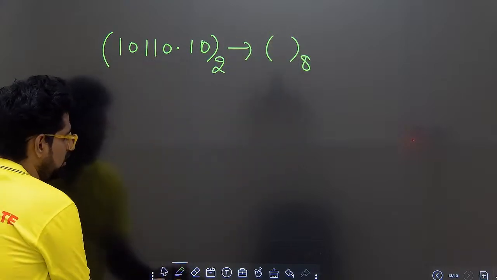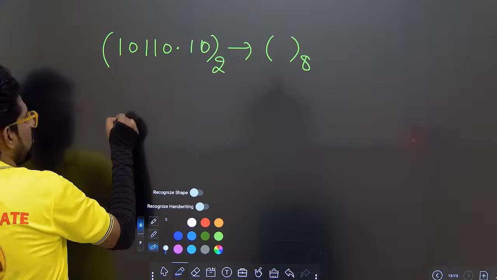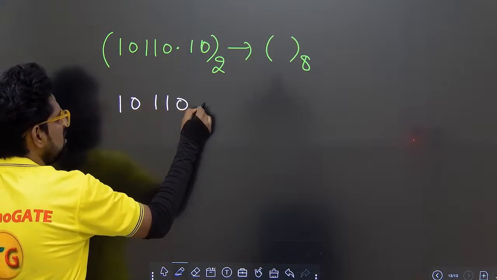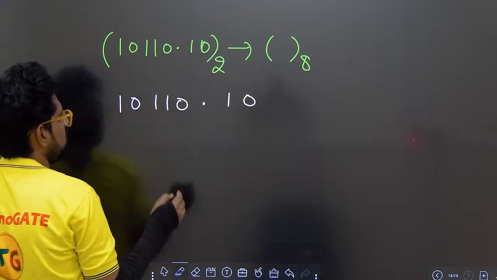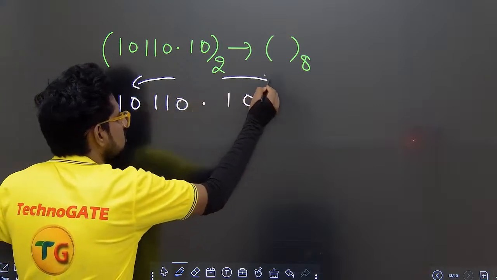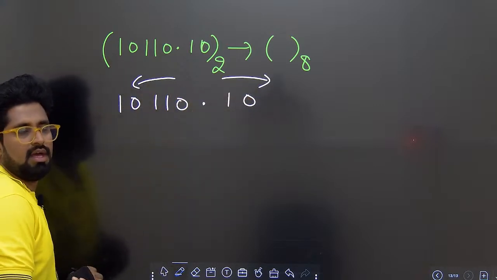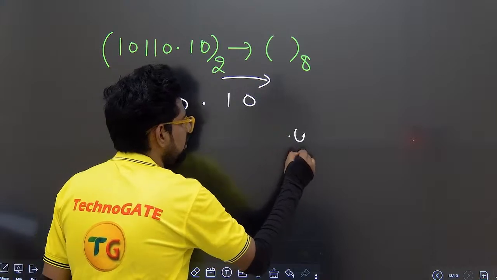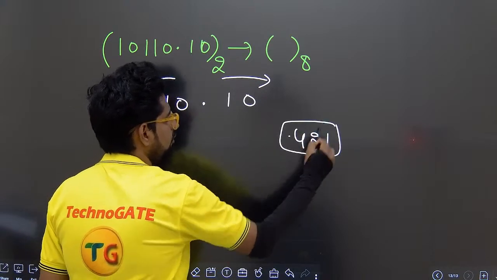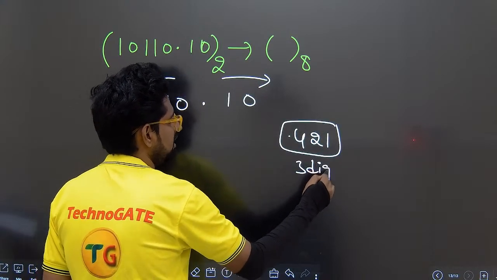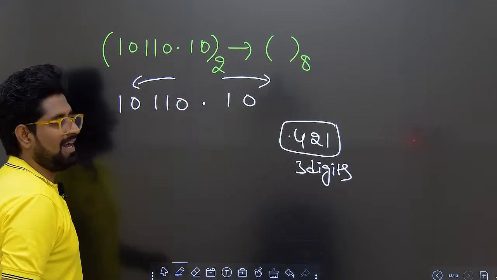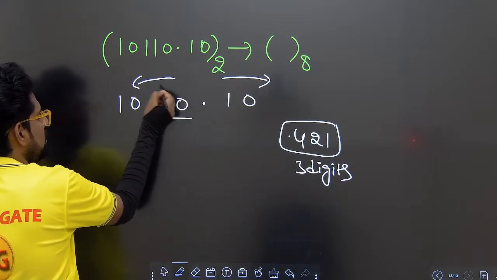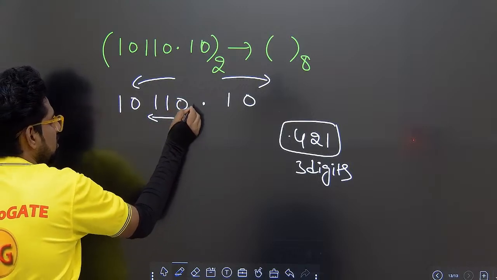I clearly told you that for the given problem 10110.10, this side and this side we have to move. Okay, so how many digits, which code we have to apply? 421. 421 means 3 digits we need to consider. 3 digits means, so in this direction, these are the 3.